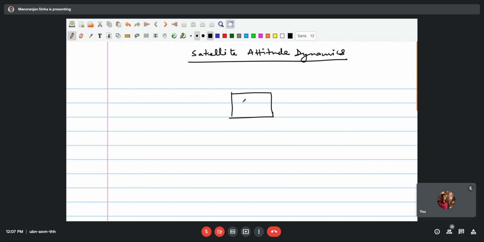So basically, in the block diagram, the satellite is here, and we can show in the form of what is the satellite control. The satellite attitude dynamics involves the satellite body which is having certain dynamics. So satellite dynamics we can write here.